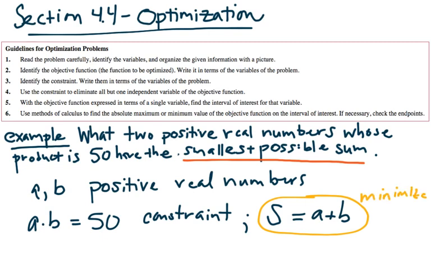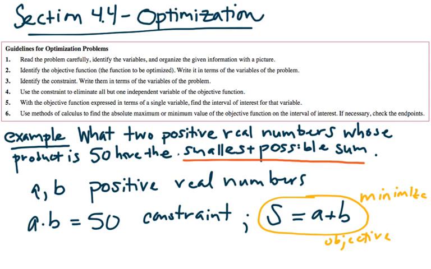Now that we have a constraint and an objective function, typically the idea is that you solve the constraint for one of the variables, you plug that into your objective function, and then you optimize the objective function by taking the first derivative and setting it equal to 0. So let's do that.